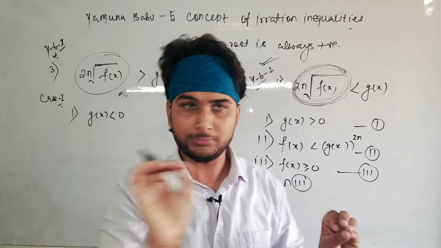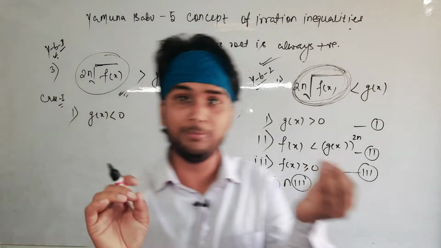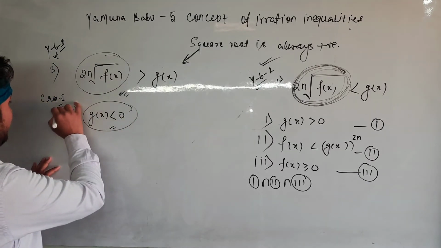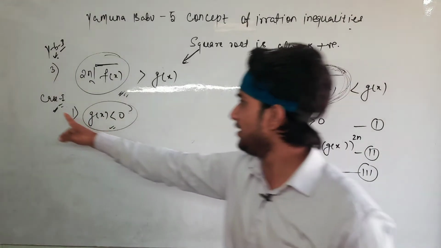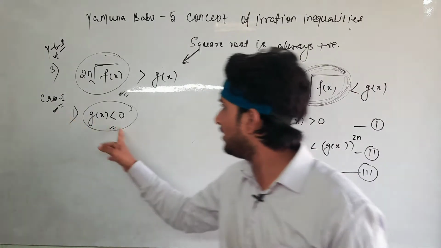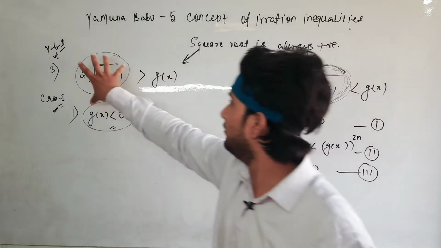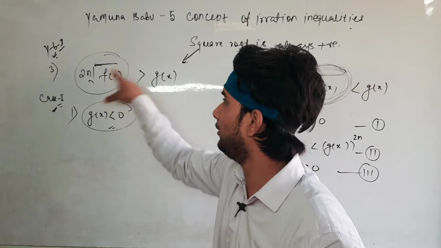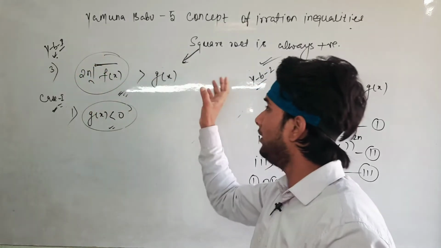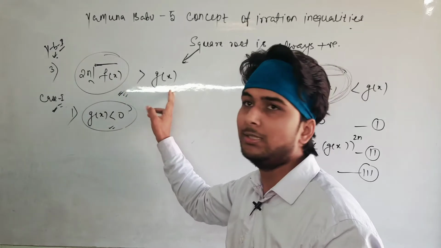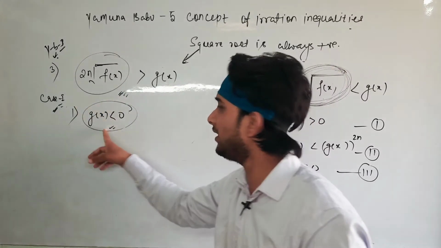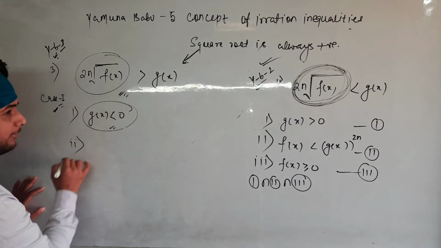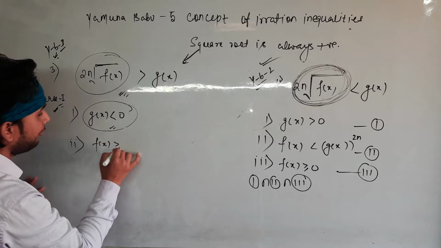There should not be any doubt, because if you are taking case first that g(x) is less than 0, when it is negative, you only have to define that f(x) must be greater than or equal to 0. Then it will always be positive, and it is always greater than a negative expression, because you have taken g(x) less than 0. Then we have to define only f(x) greater than or equal to 0.